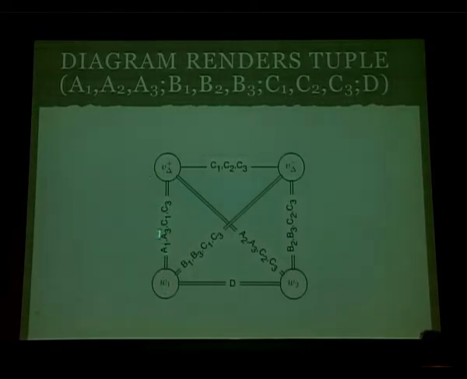Those two are connected by this type of path. When I draw a double line over here, what I really mean is I don't have to have a single path for all of those guys. For each variable in this huge set, we have a separate path. So it's a big bundle connected to two vertices. So if I can find in my huge diagram W1 and W2 such that this is true, then we'll say that this diagram renders this huge tuple.